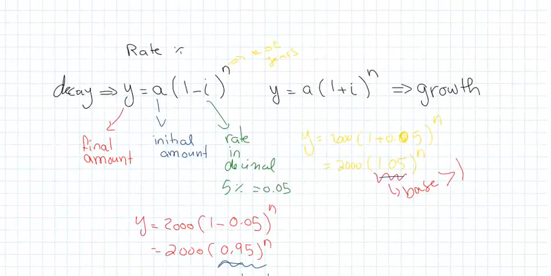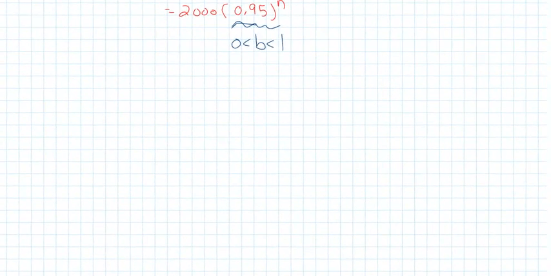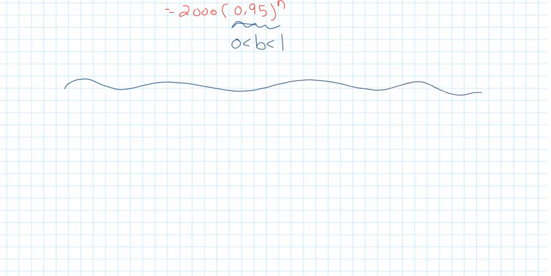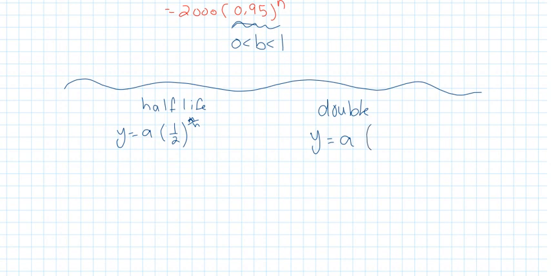So the two other equations: the half-life one is y equals a times one half to the power of n over h, where n is the number of years. And for the doubling, it will be y equals a times 2 to the power of n over d.